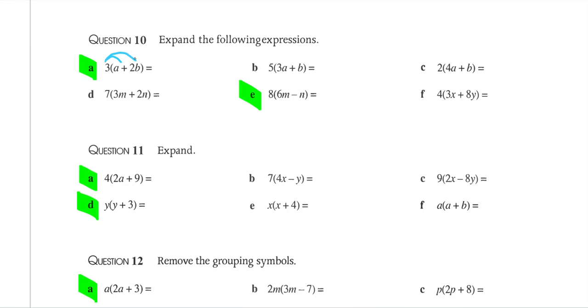So I do 3 times a, but in short form, that's 3a. Then I have a plus sign in my bracket, and now I multiply the 3 with the 2b. 3 times 2 makes 6, so 6b. We're going to do lots of these. Let's do some more.